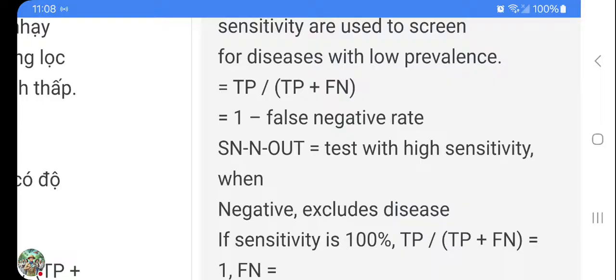A false negative is when the patient truly has a disease, but the test is unable to detect it, and the test result is negative. The reason is that the patient truly has a disease.